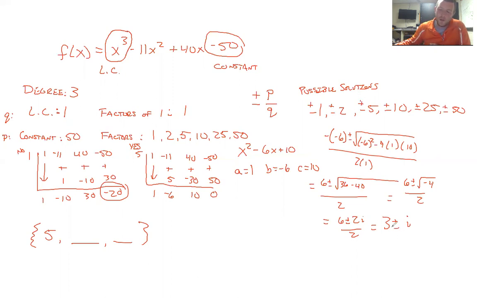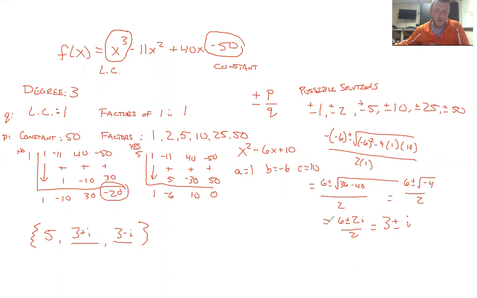Notice 3 plus i is a solution and 3 minus i is a solution. So those are your 3 solutions. Notice that when 3 plus i is a solution, you have to have 3 minus i, because it's plus or minus.